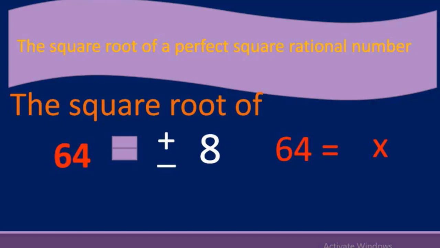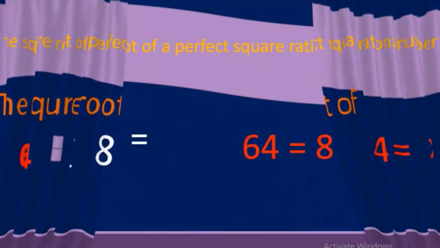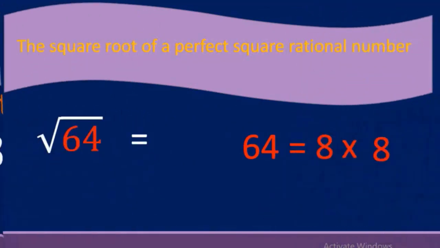because 8 times 8 equals 64, and also negative 8 times negative 8 equals 64. But sometimes you want to find the positive square root only, as we see here. If we write the symbol of the square root, it means you want only the positive square root.